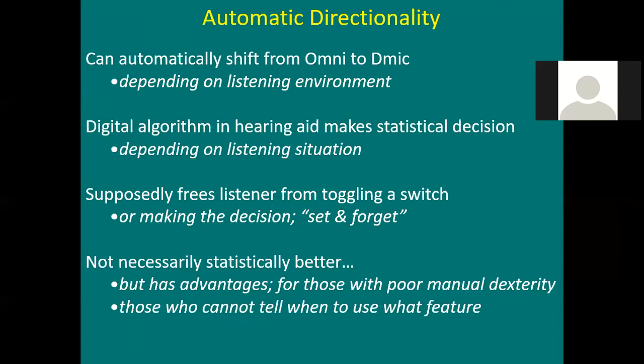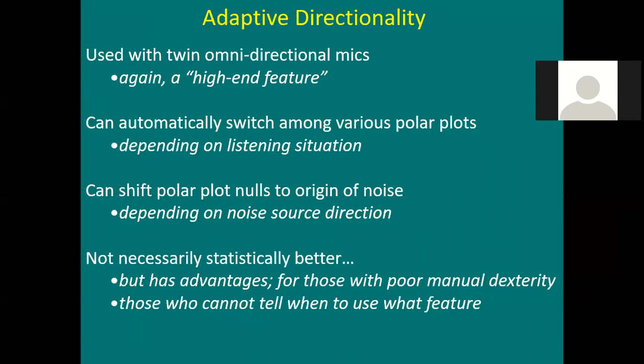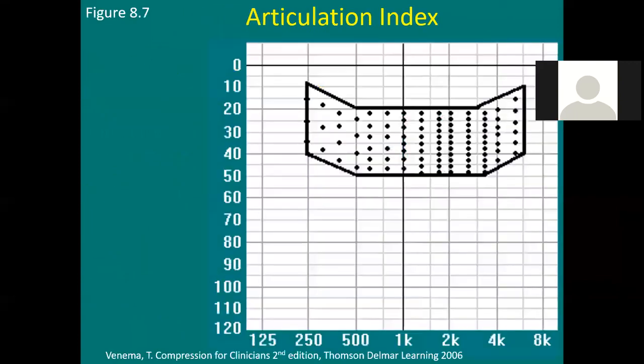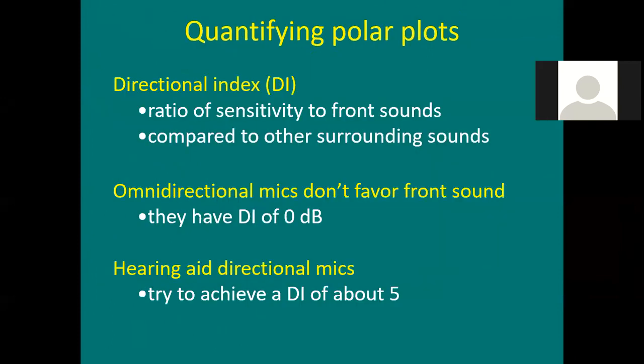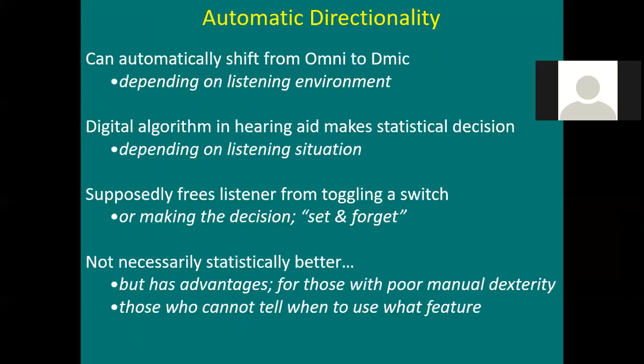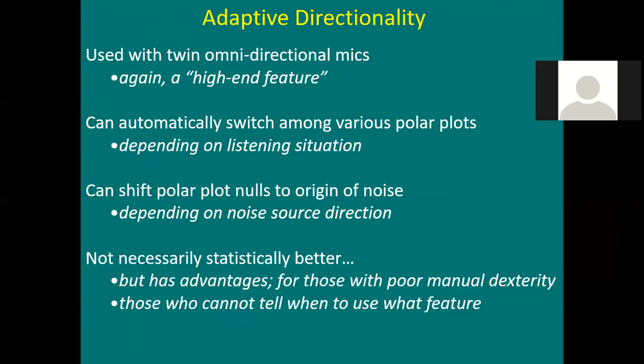If it's a quiet situation, it'll go to omni. Adaptive directionality means the polar plots will change depending on the listening situation. So you might end up going from cardioid to supercardioid to hypercardioid to God knows what. It gets pretty complicated, but that's just the general stuff that you'll hear about.